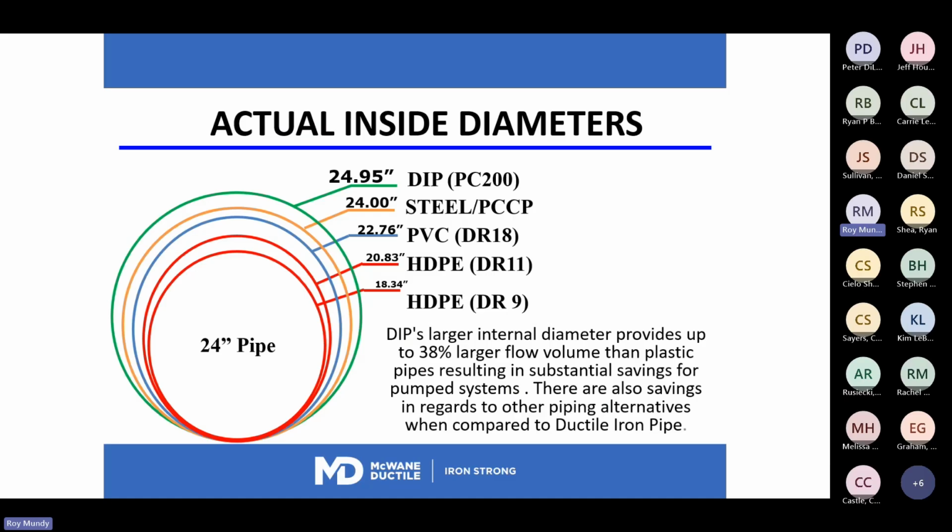As I'd mentioned earlier, actual inside diameters of varying pipe material, as shown here, in almost every case, ductile iron pipe has a more hydraulically efficient inside diameter, inside area as compared to other pipeline material.